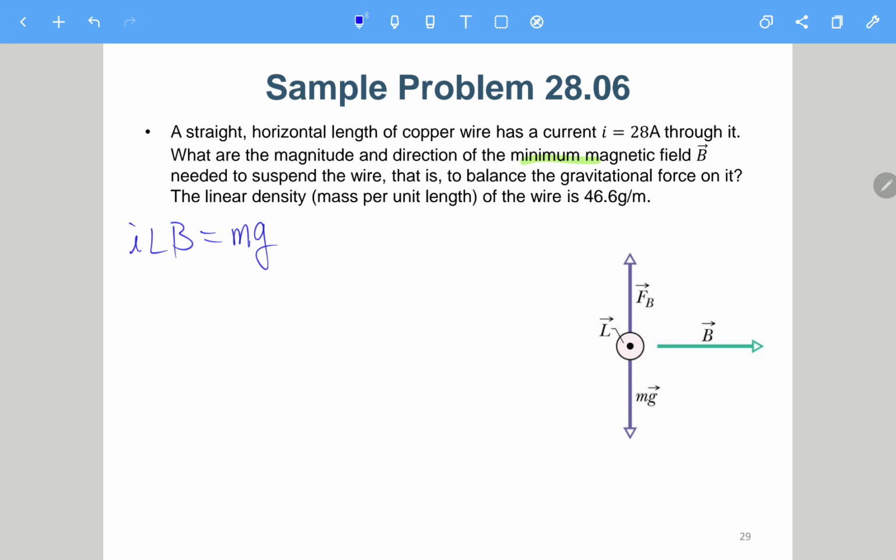Okay, so here we would like to also calculate the magnitude of the B field. So B will be like mg over IL.